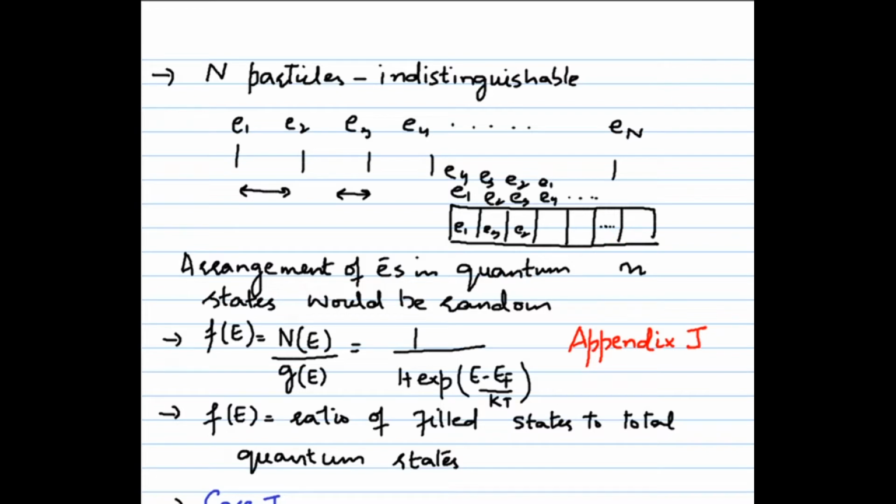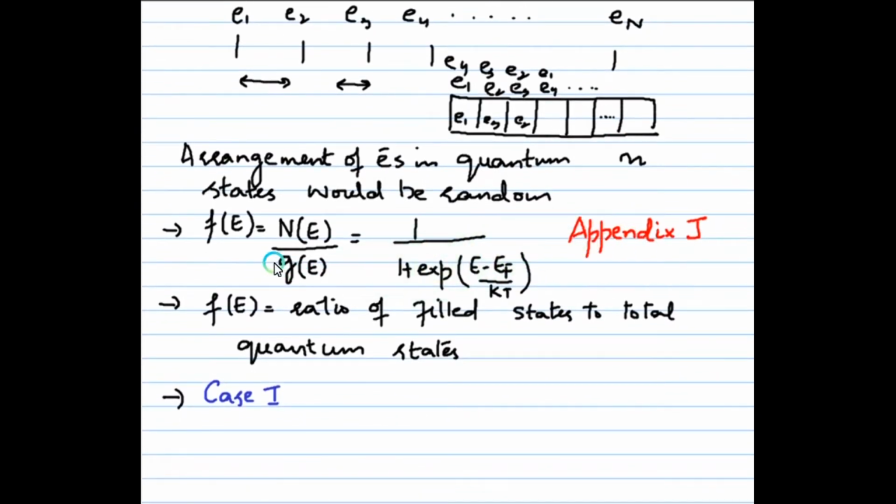And after a bit of analysis, we get the expression for f of E, the distribution of the electrons in the system, given by the number of electrons per unit volume, per unit energy, divided by the density of quantum states. Density of states is actually the number of quantum states per unit volume, per unit energy, and the expression comes out to be this. The solution is given in appendix J of Donald A. Neamen.